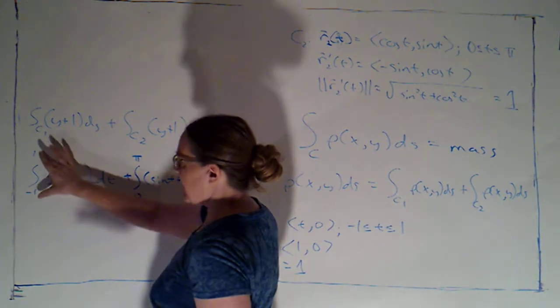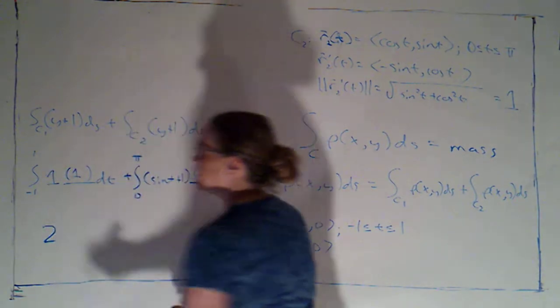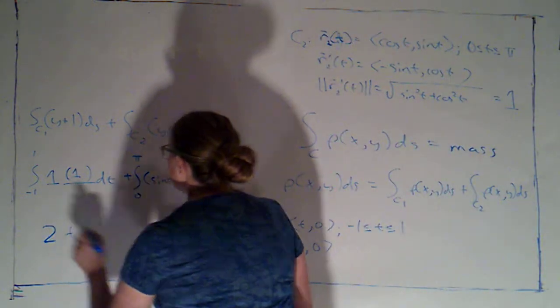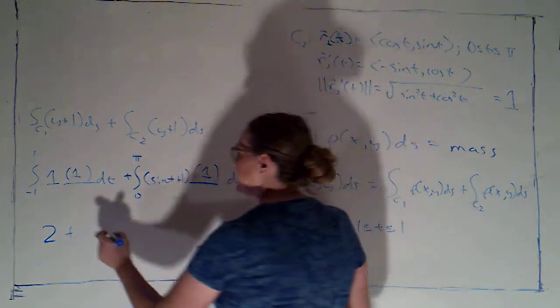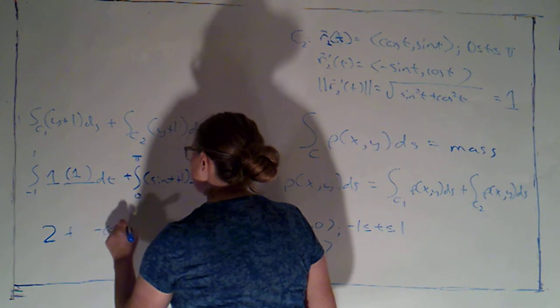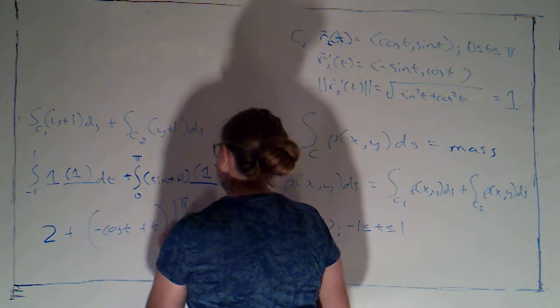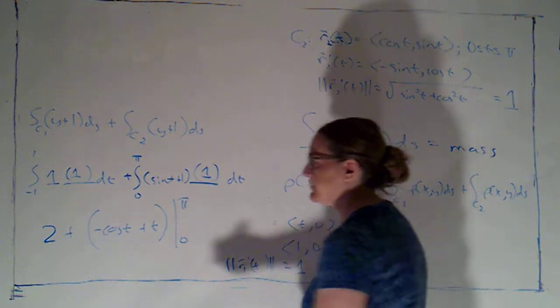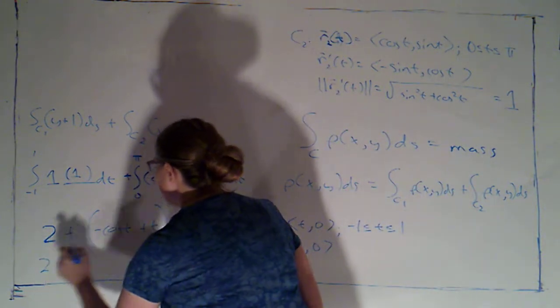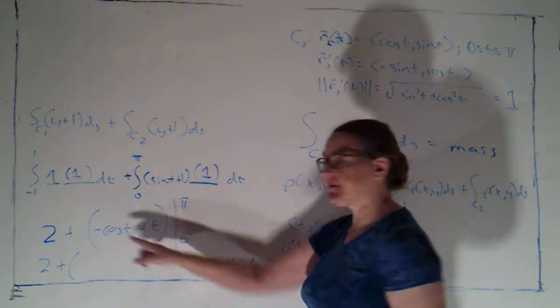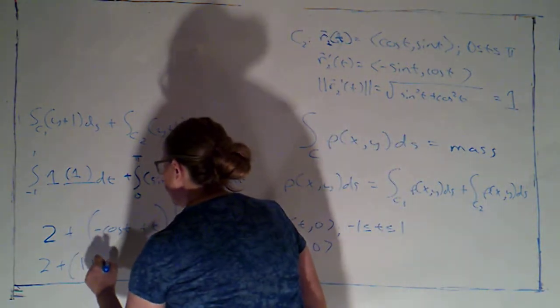All right, so here I'm just integrating 1. So I'm going to get 1 times the length of this interval, and the length of that interval is just 2. Plus, here, an antiderivative of sine will be negative cosine of t, and then plus t, and that's evaluated between pi and 0. So that's going to be 2 plus: cosine of pi is -1, the opposite of that is 1, plus pi.